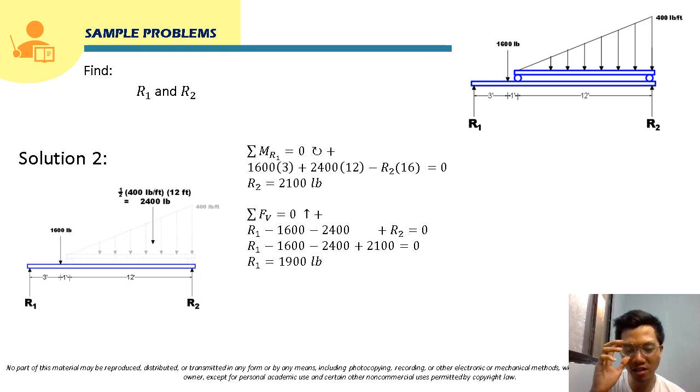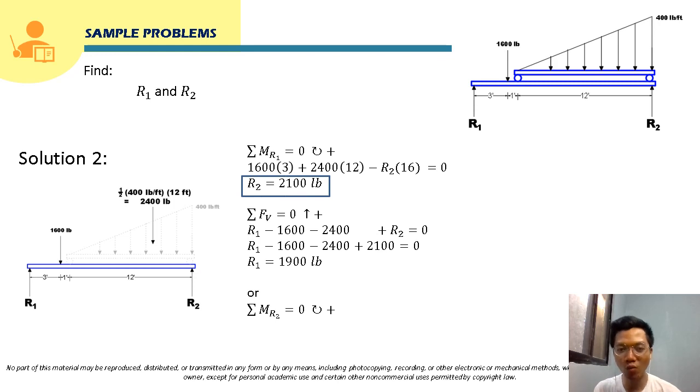Solving for this, our R2 is 2,100. So our R1 will be 1,600 plus 2,400 minus 2,100. What will be the answer for that? That will be 1,900 pounds. So your R1 will be 1,900 pounds. These are now the answers for R1 and R2.